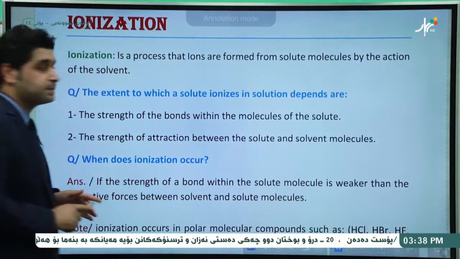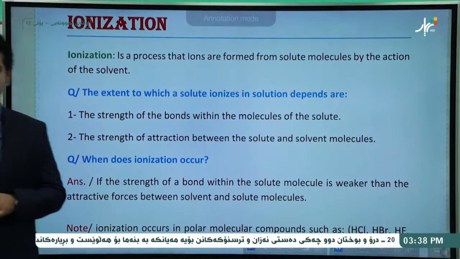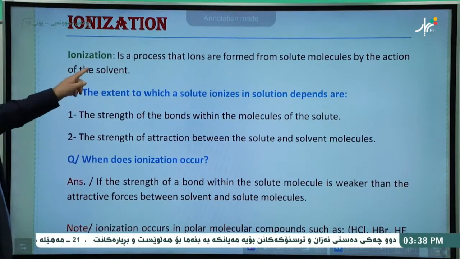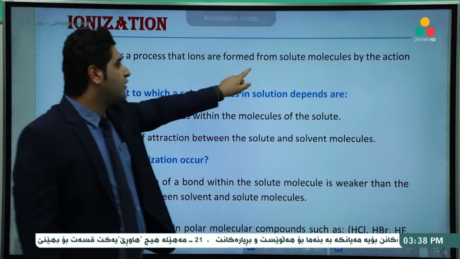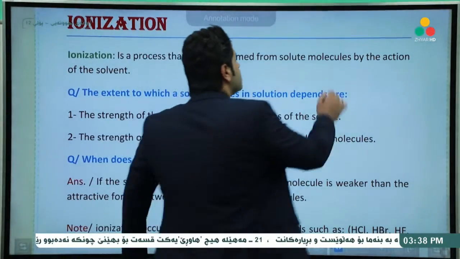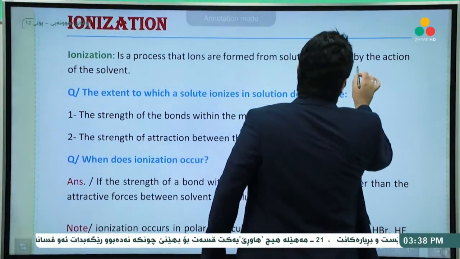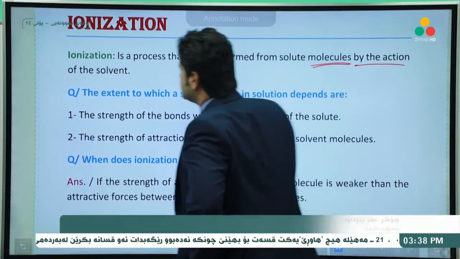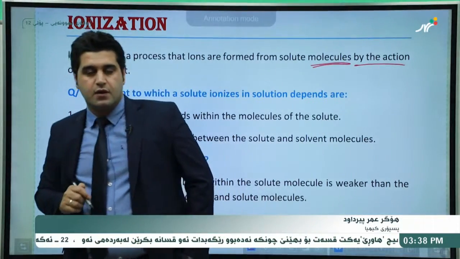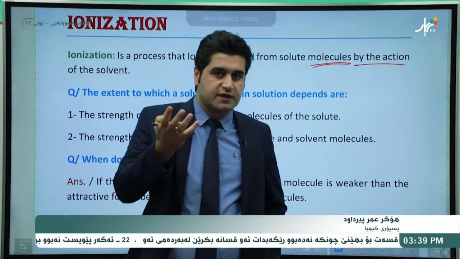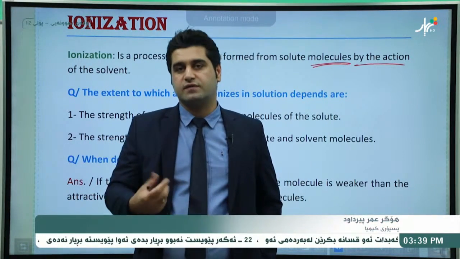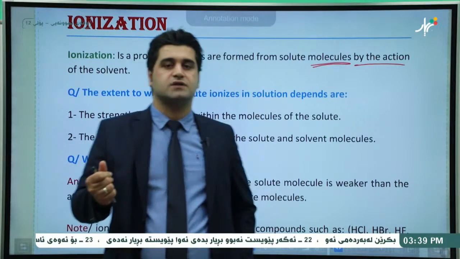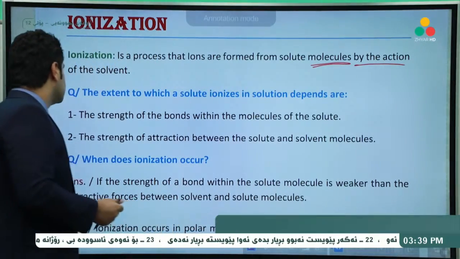This is for the ionization. Ionization is the process in which ions are formed from the solute molecule by the action of the solvent. Look, when we have a molecular compound and we dissolve it in water, by the action of the solvent, the ions start to form.